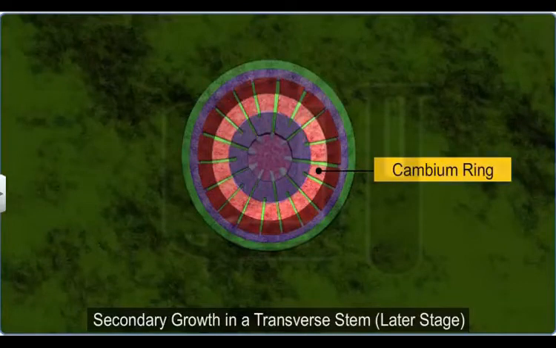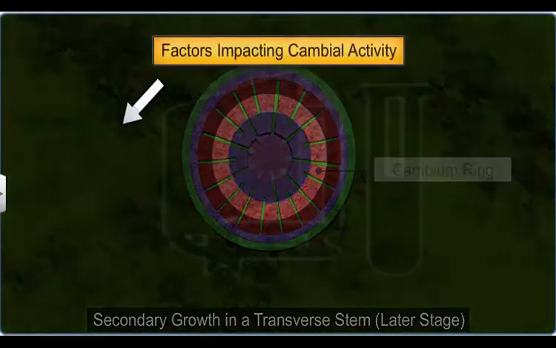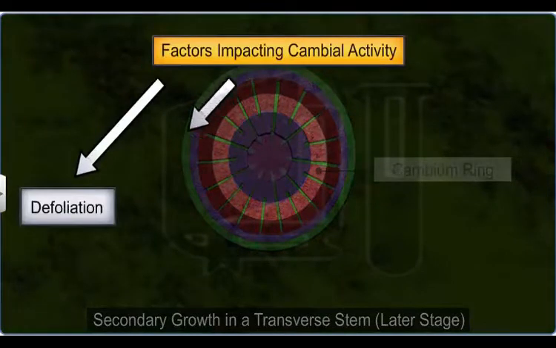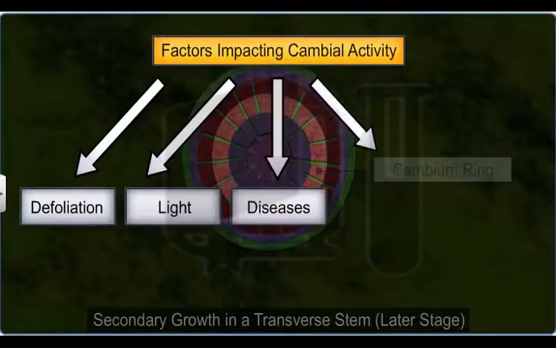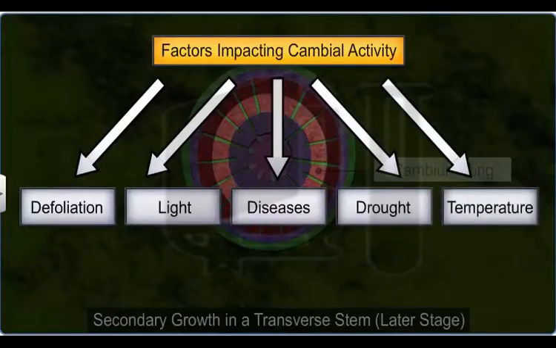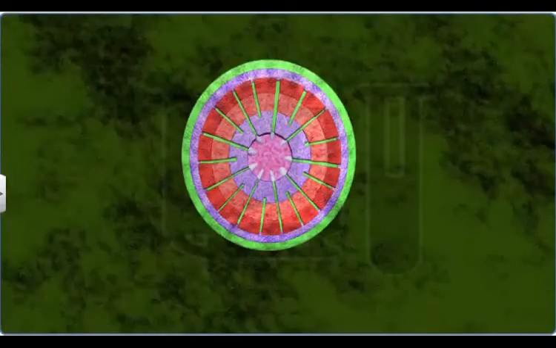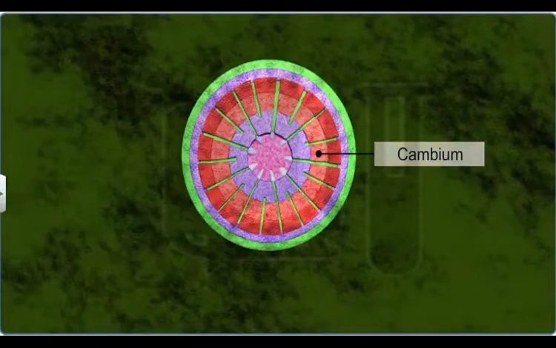This cambium activity is impacted by several physiological and environmental factors such as defoliation, light, diseases, drought, and temperature. During some seasons, the cambium divides actively, while during other seasons, its activity slows down.